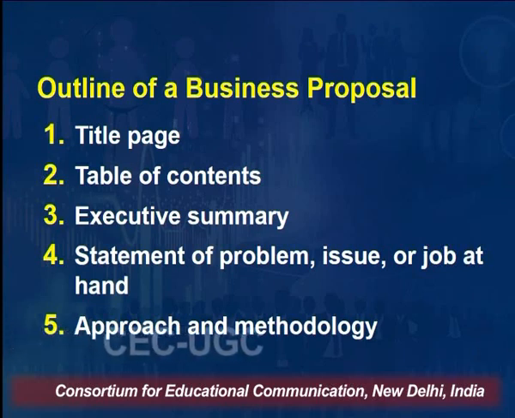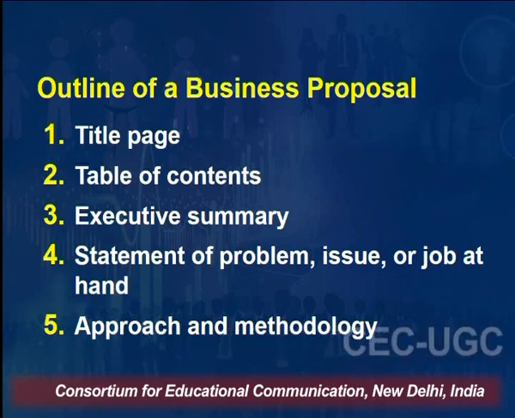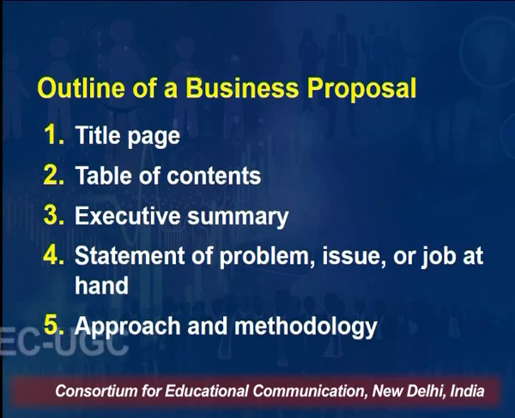The second is the table of contents. A formal business proposal will have a table of contents. What does this proposal include? It has the statement of problem, the methodology used, the problem solving methodology, the solutions provided, benefits, cost, term, etc. All those things can be there in the table of contents.